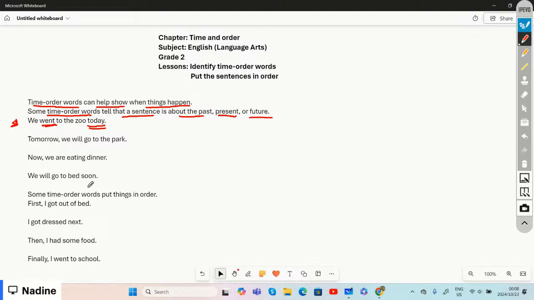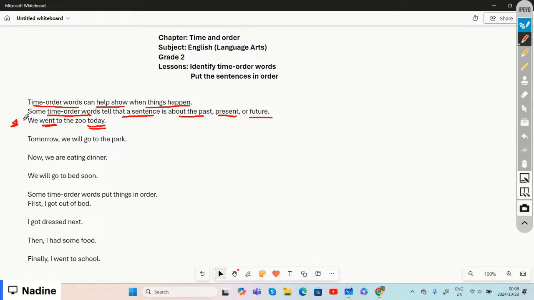The next one says, tomorrow we will go to the park. All right. So now the question is the time order words.